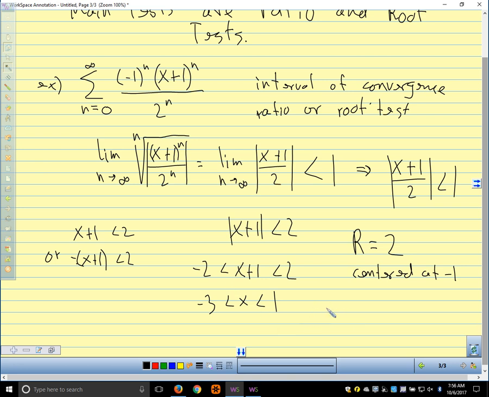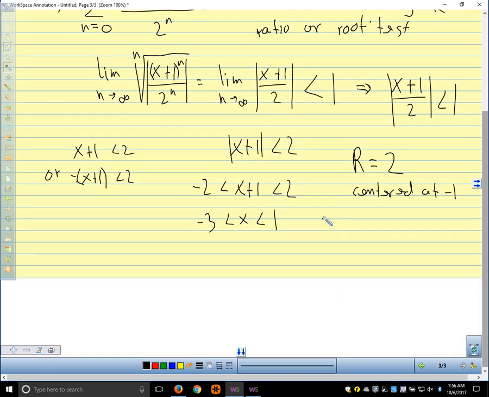So our possible interval of convergence is between -3 and 1. The power series is going to converge on this interval, -3 less than x less than 1, but it might converge at the endpoints, so we need to test the endpoints.